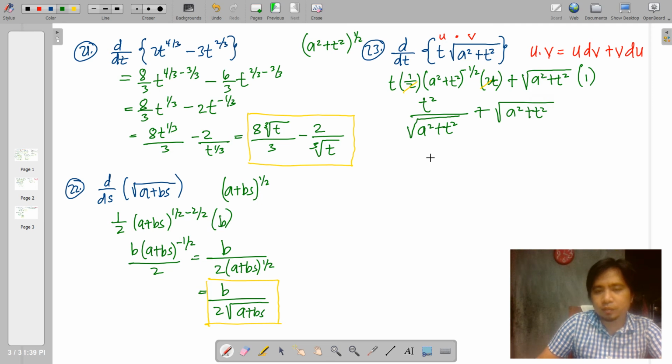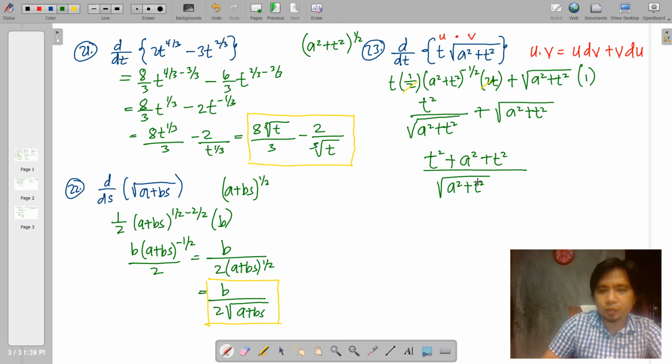So, now we'll just have to use this as our LCD. Square root of a squared plus t squared to merge these two terms, ano? So, this is just equal to 1, okay, times t squared, that is t squared, and then plus, okay, this term times this term is actually a squared plus t squared, no?